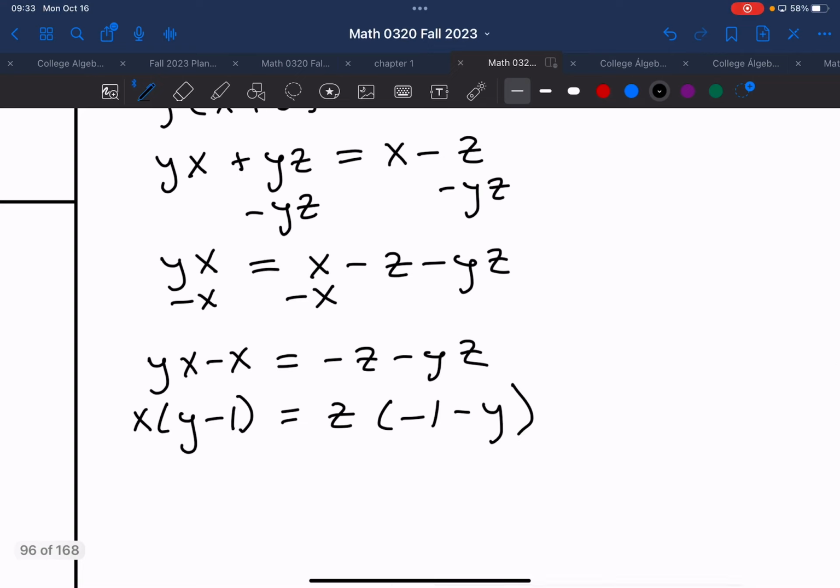What could we factor out of this negative 1 minus y? Because y minus 1 is not the same as negative 1 minus y. So we could factor out a negative 1. We're trying to keep everything separate here because we just want z by itself.